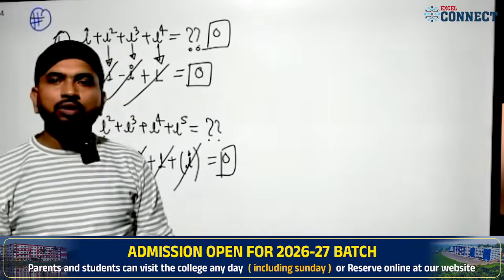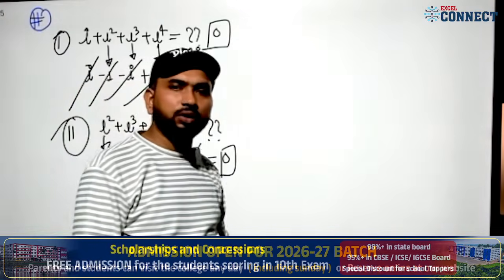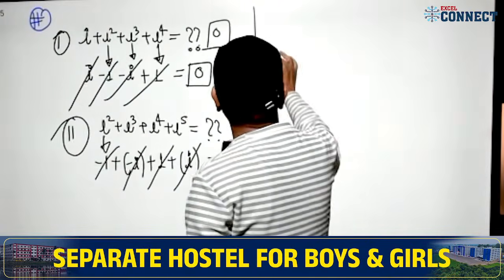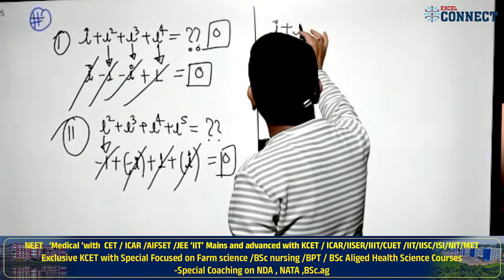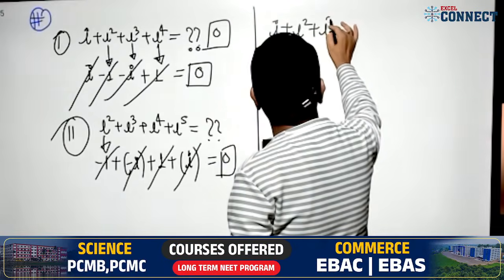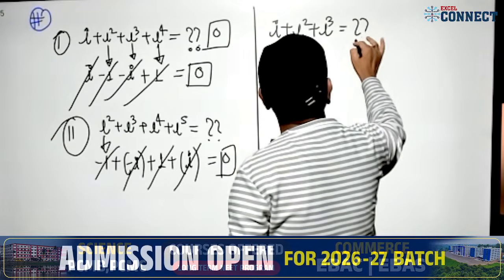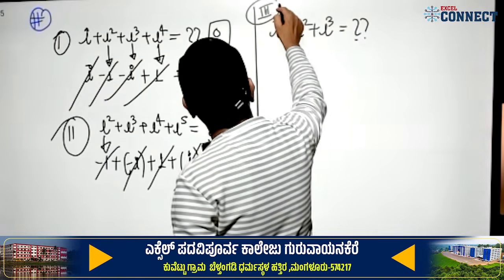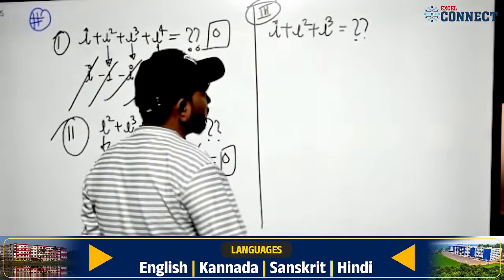The addition of consecutive terms, consecutive powers, is also 0. Yes, but not all consecutive. See here, if I ask you iota plus iota square plus iota cube, what is the value of this? This third part. The sum of consecutive powers is 0, yes, it is true.